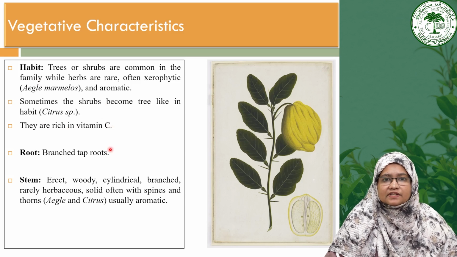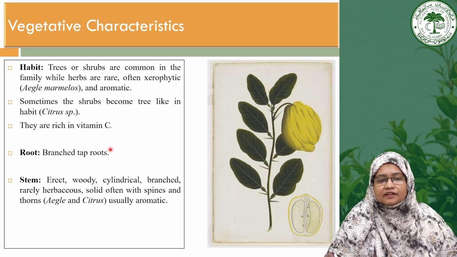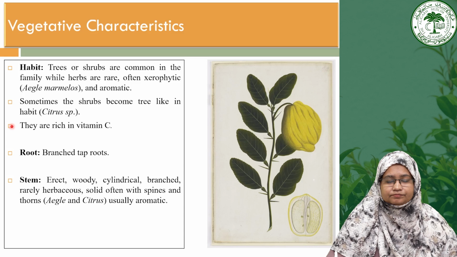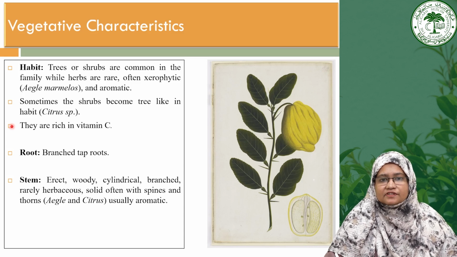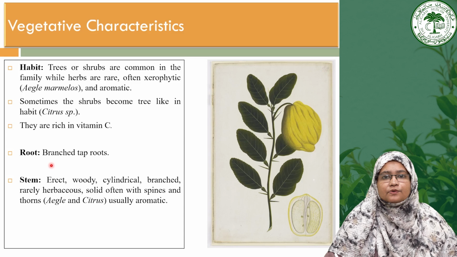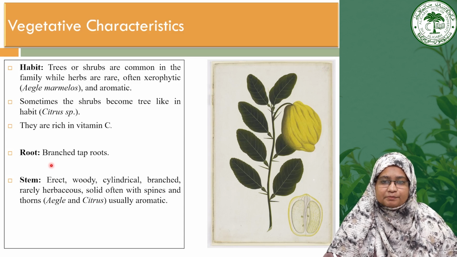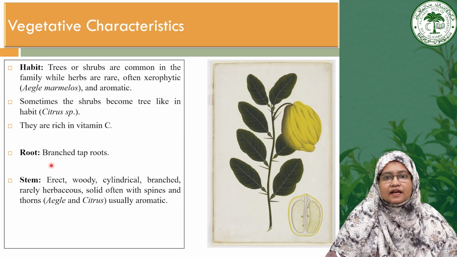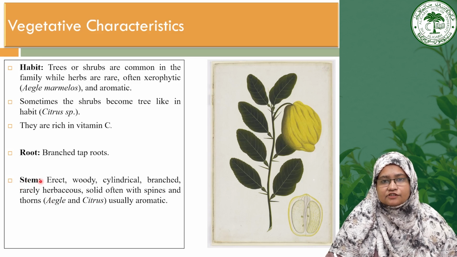Now moving towards the next vegetative characteristic, that is the root. Roots are generally a tap, branched root system is present, and the next vegetative characteristic is the stem.